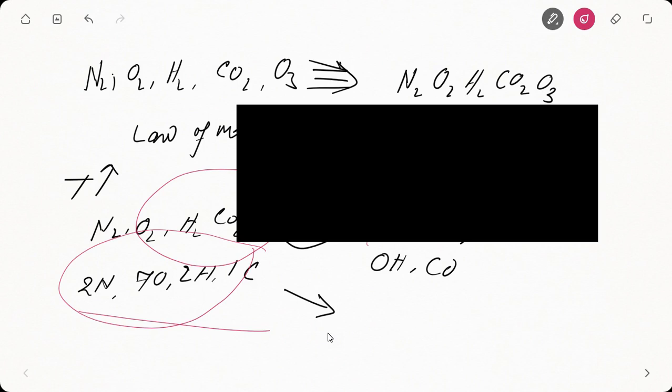Mass conservation alone is not able to give this, because sometimes it may be possible that nitrogen has molecular weight of something like 28, and hydrogen something like 2, so it is equal to 30.